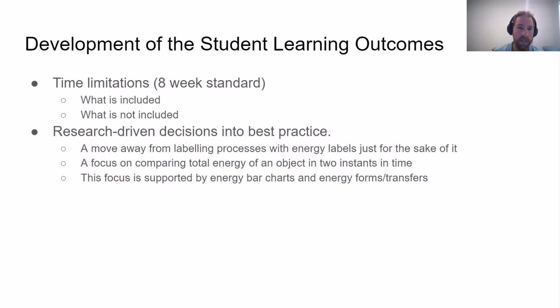As we talk about each of the student learning outcomes, we'll often talk about what's not included and what we've specifically not put there, because in terms of limitations of time, it's just not possible. If you are the sort of teacher that can get through things, just because things aren't student learning outcomes, it doesn't mean you can't still include them in your classroom practice. But in terms of making sure that there's continuity across New Zealand of what is possible, we've not included some things and included others.